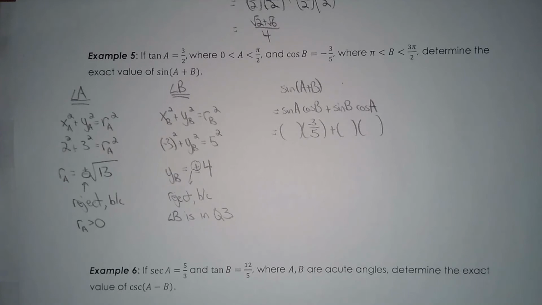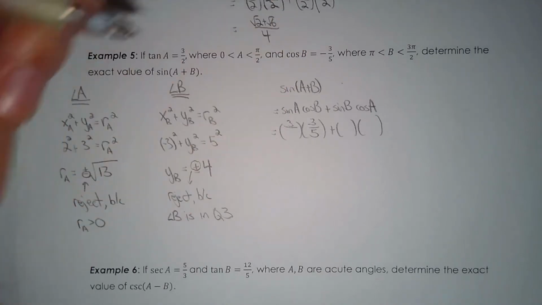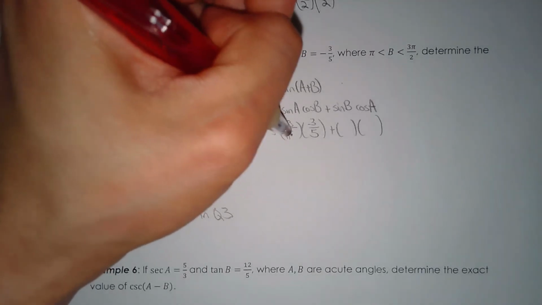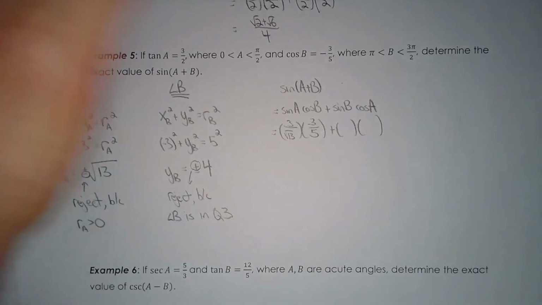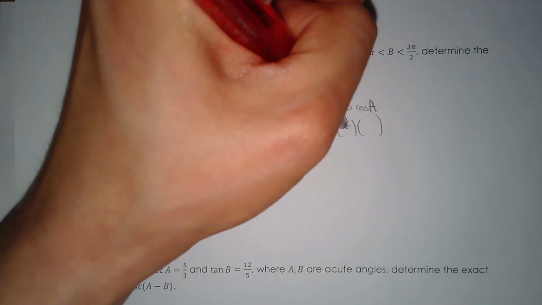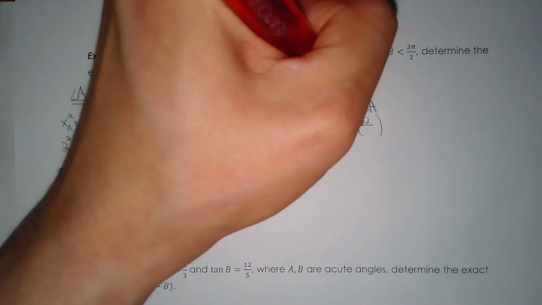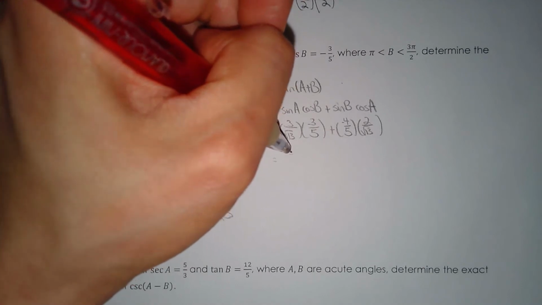All right, all this said, let's do it. So sine A is equal to 3 over root 13. And sine B is going to be -4/5. And cos A is going to be 2 over root 13. So it's -9, -8.